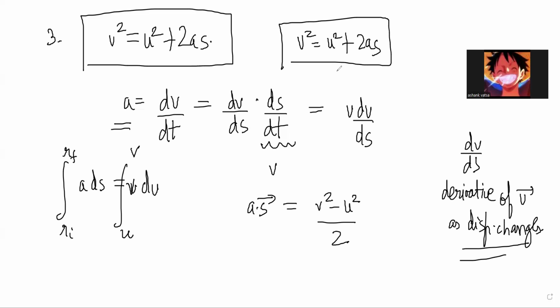Yes, sir. The important thing to realize here is that all of these three formulas are assuming that, for example, here if you see a is a constant, that's why I was able to take it outside and integrate the inside one. These particular definitions you need to be clear on. And we have derived all the three equations that you will be using.